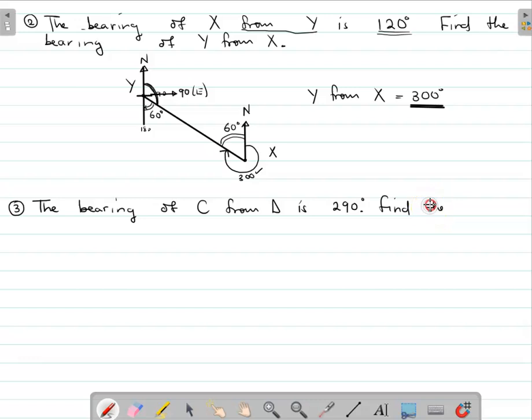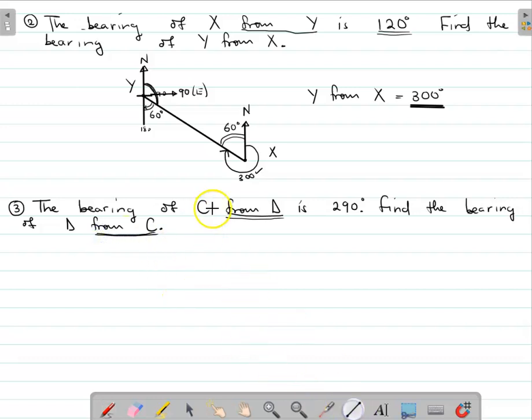Find the bearing of D from C. You see, we start with C from D, then now D from C. So anything from D, we go to the position D. Anything from C, we go to point C.